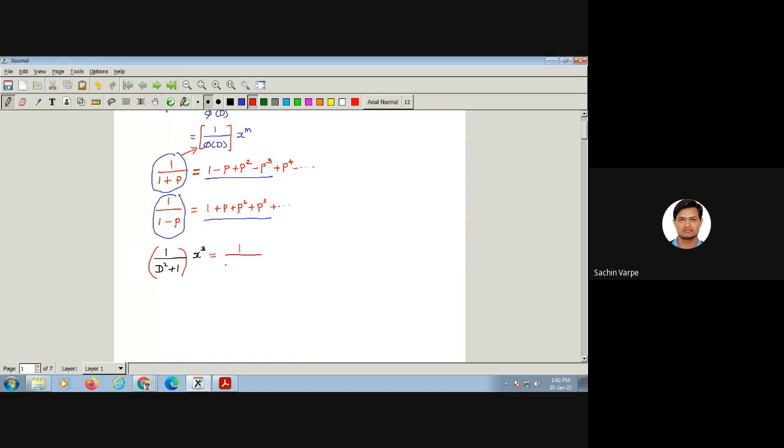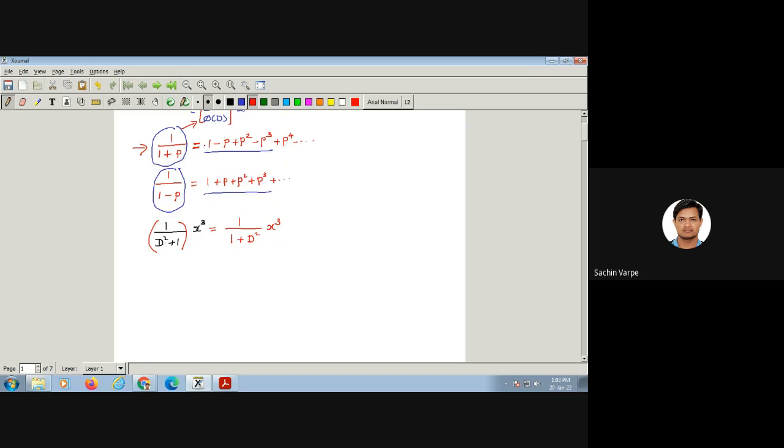It can be written as 1 upon 1 plus D square. If you compare this, p is D square, and that is operated on x cube. So we use the expansion of 1 upon 1 plus p. What we get is 1 minus p, where p is D square, plus p square, that is D square squared, minus p cube, that is D square cubed, plus and so on. This is an infinite expansion and that is operated over x cube.